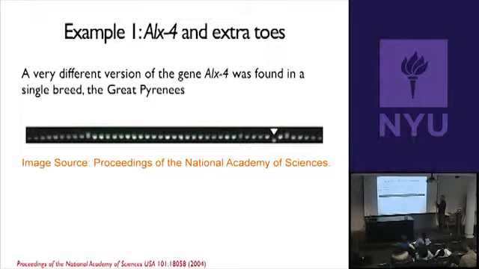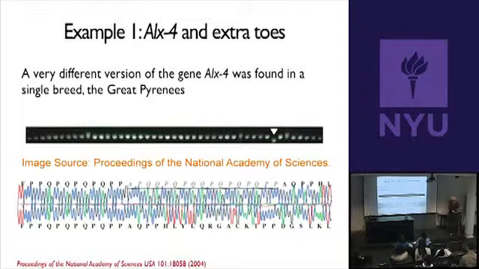So this is a gel, and each lane is a different dog breed, and they're all the same, all the same, and then there's one dog breed that has a lower band, so that means it's a shorter piece of DNA, right? Fewer repeats, okay? And so they can actually get the DNA sequence from that breed and see that it's actually a change in this microsatellite.